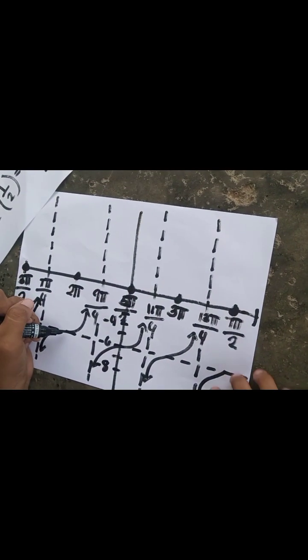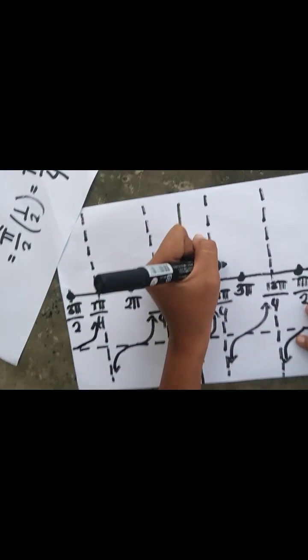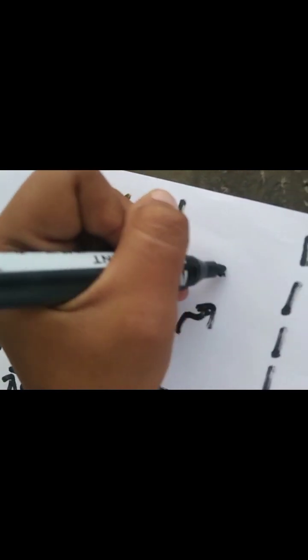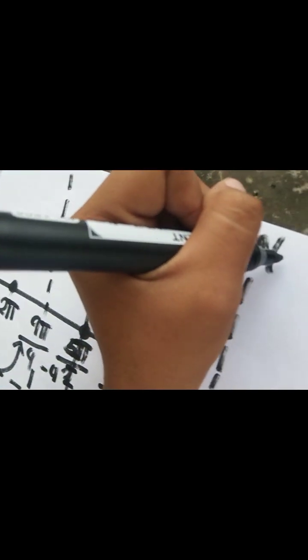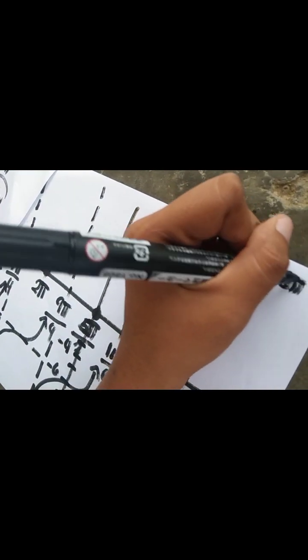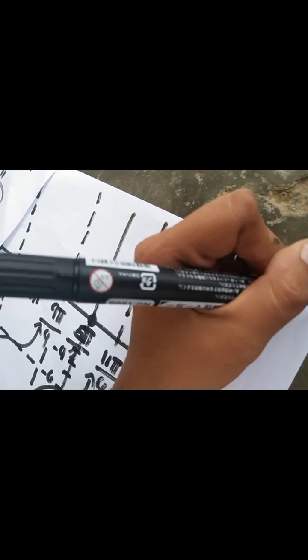So this is the equation for y equals 2 tangent times the quantity of 2x minus 3 pi, minus 6.